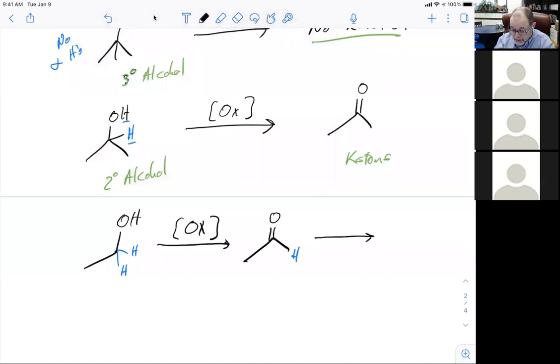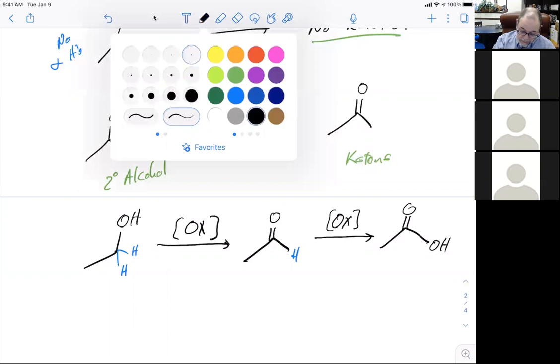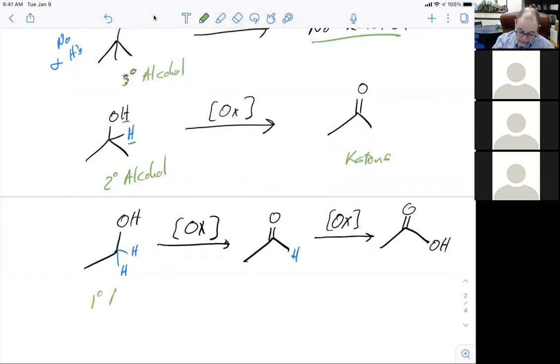But because that's a hydrogen there, I could also oxidize this one more step to the carboxylic acid. So primary alcohols can go to aldehydes, and depending on the reagent, I can go to carboxylic acids.